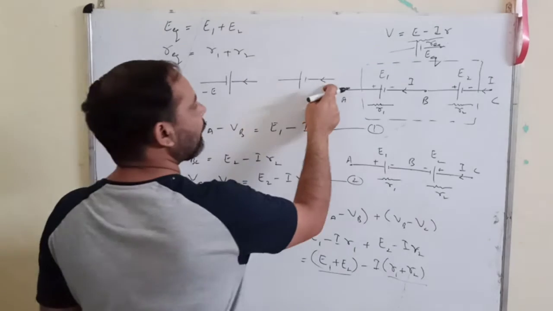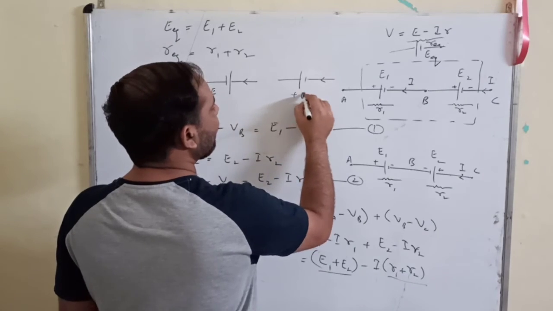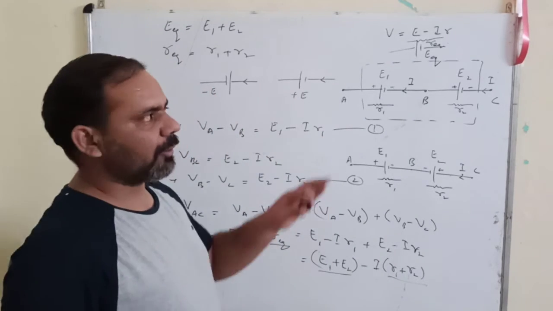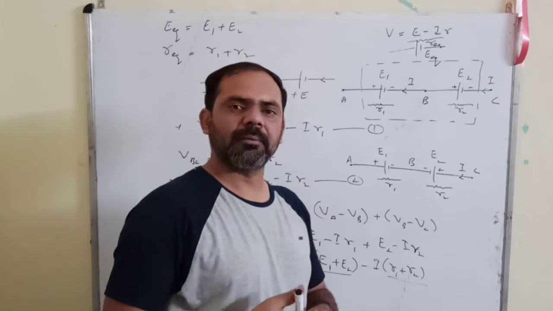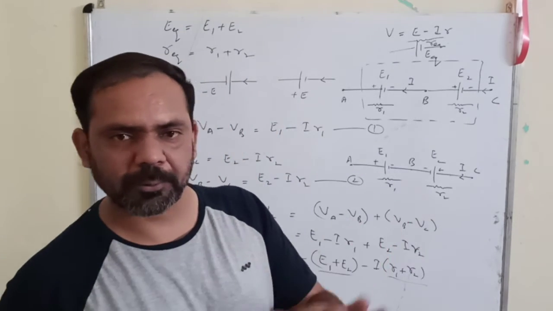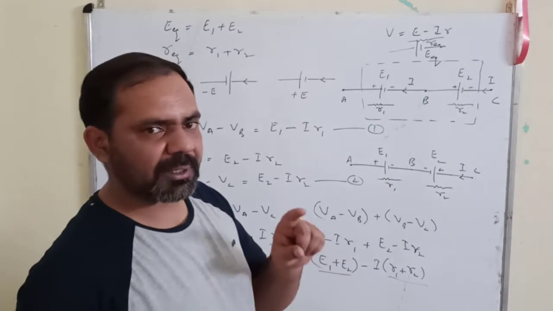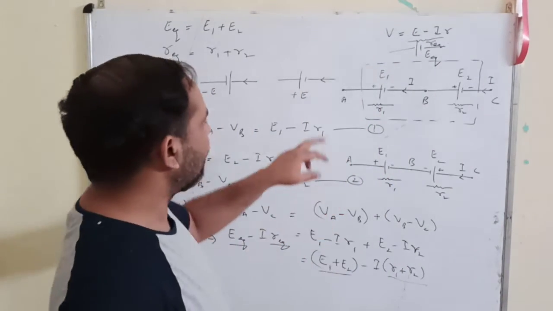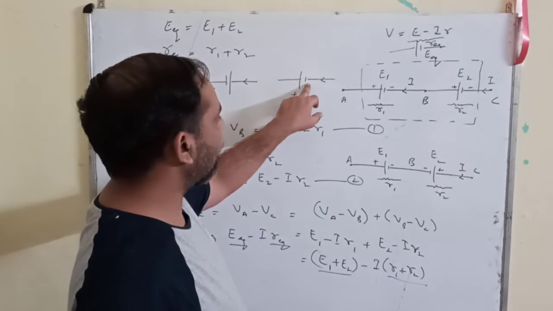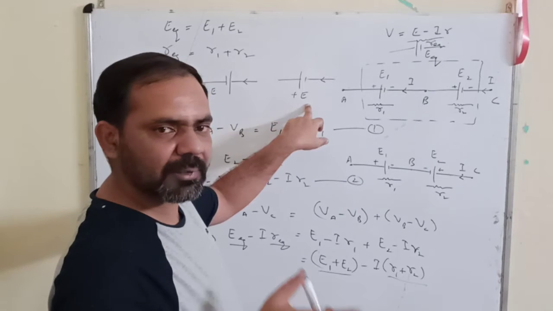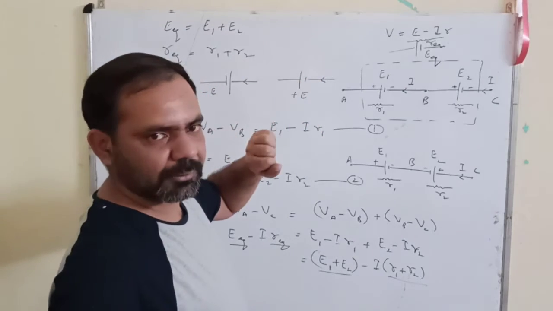And if the current hits the negative terminal of the battery, then EMF will be taken as positive. Because previously we discussed that the current passes from positive terminal to the negative terminal outside the cell, but inside the cell it passes from negative to positive. So in this case, inside the cell the current would be flowing from negative to positive. That's why the EMF is positive, because here EMF will support the current.